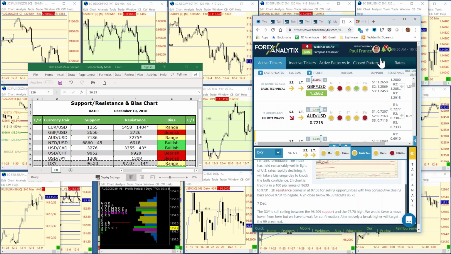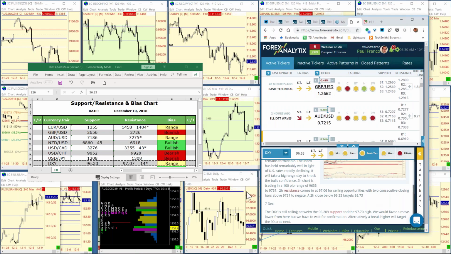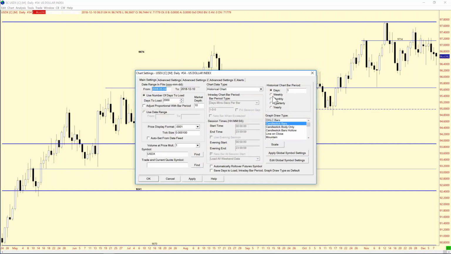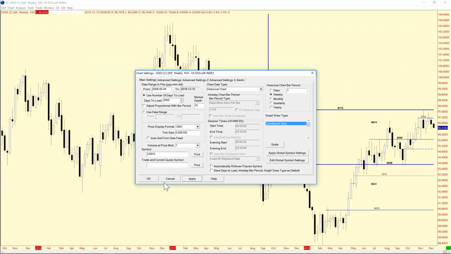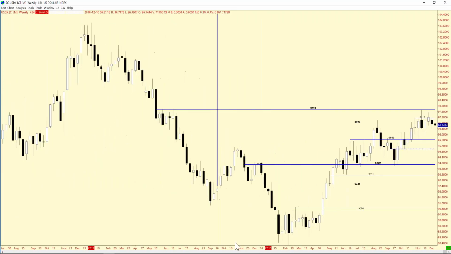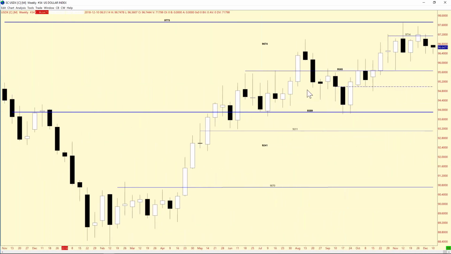So let's take a look at this cash dollar index. You can see right there, this 96.89, right there, 96.89.